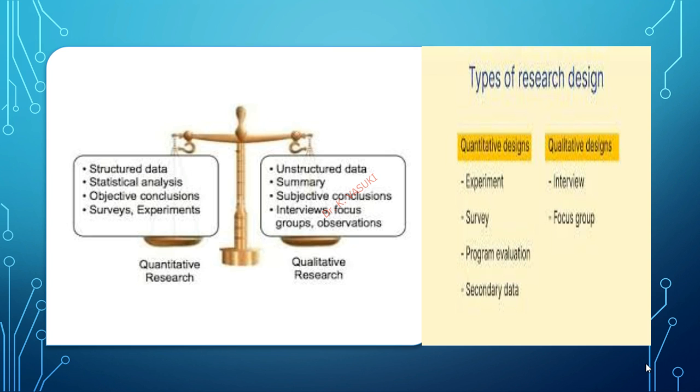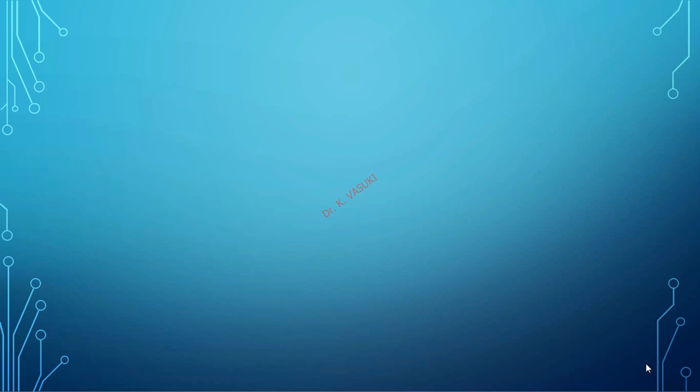It is a mostly subjective conclusion. We are using interviews, focus group discussion, and observation as tools to collect the information. So these are some of the differences between qualitative and quantitative research.